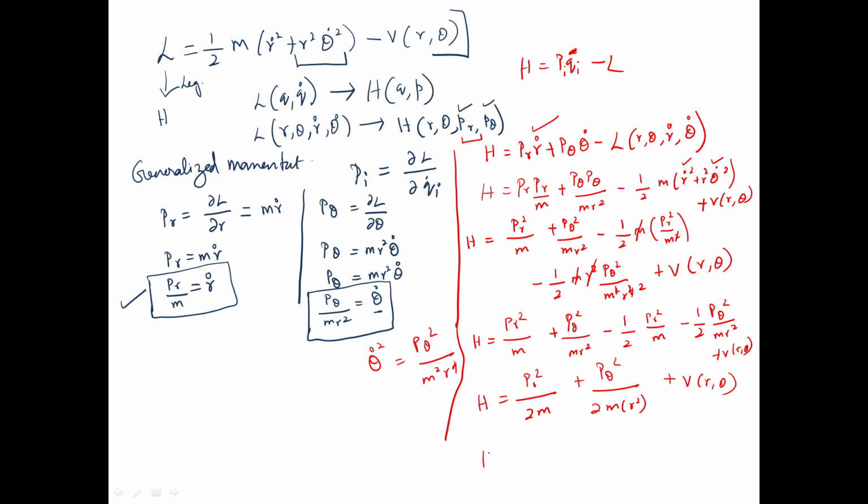Then we write H equal to one by 2m times p r square plus p theta square by r square, plus V of r, theta.